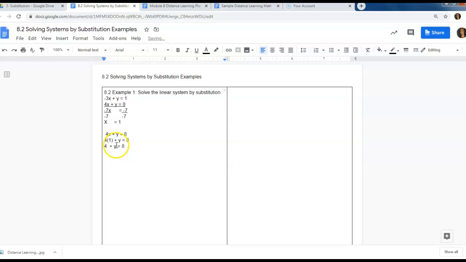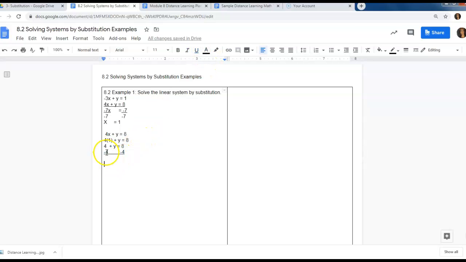And what I want to do is get the y alone. The y is being added to 4, so the inverse of adding 4 is minus 4. Since 4 is positive, you're subtracting 4 from both sides. Whatever I do to one side, I have to do to the other side. Remember, I'm subtracting, so I put a long line right here to say I am subtracting.